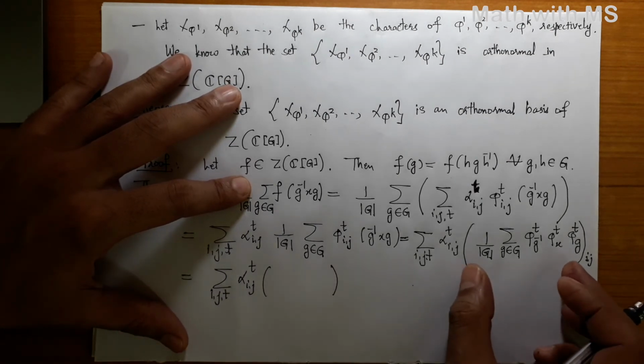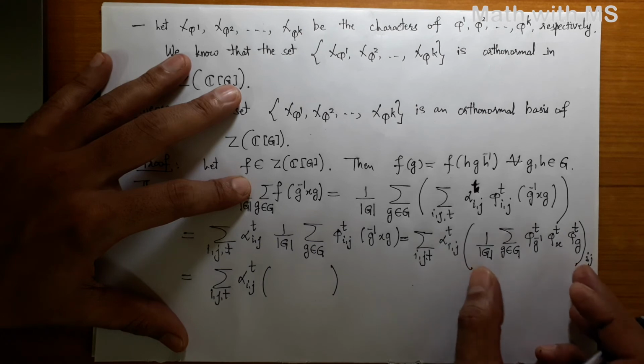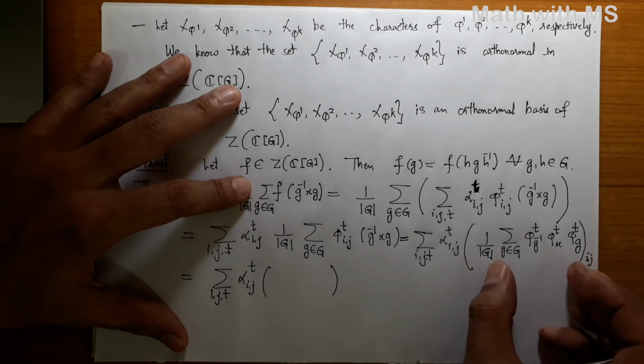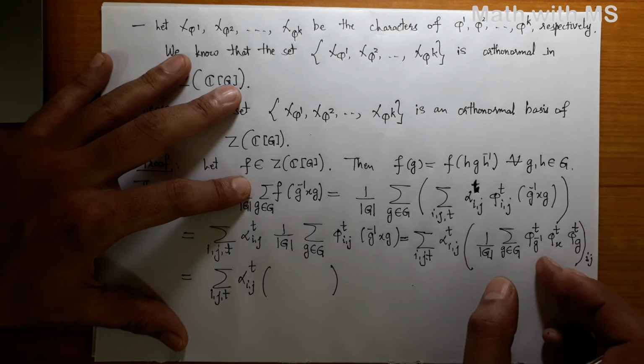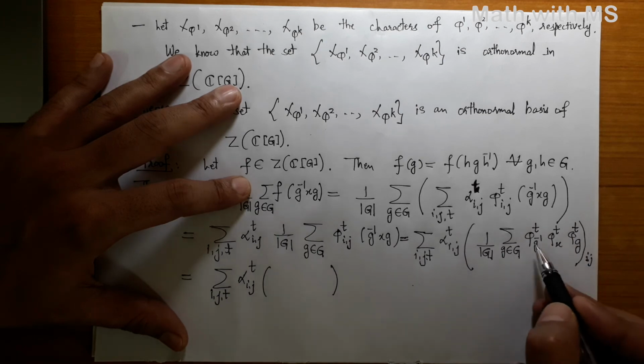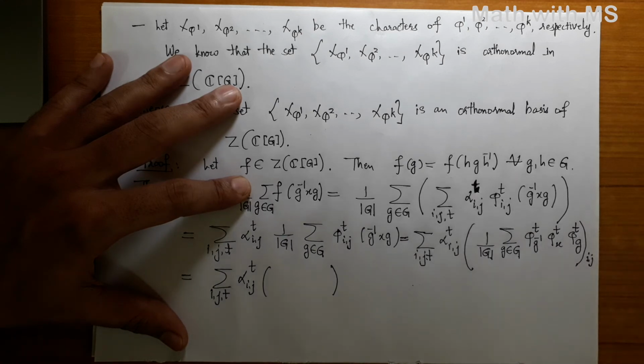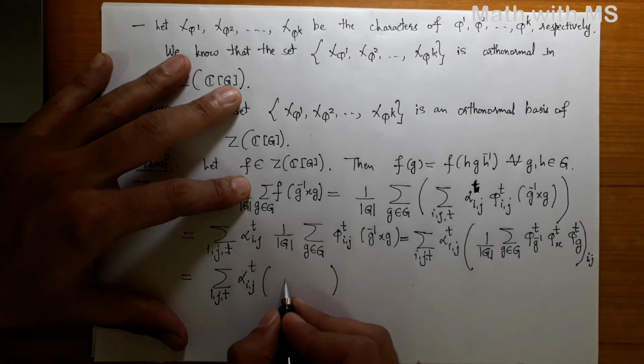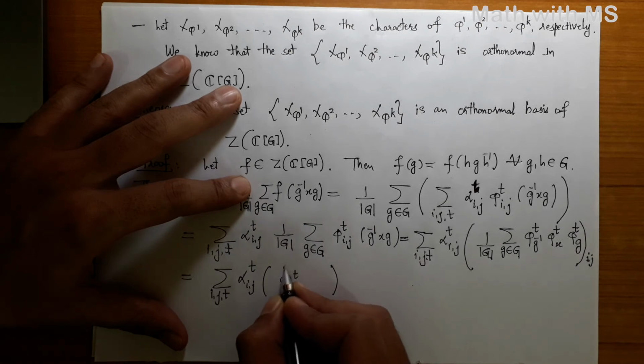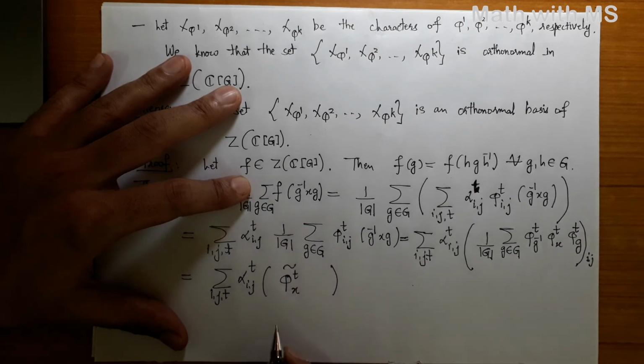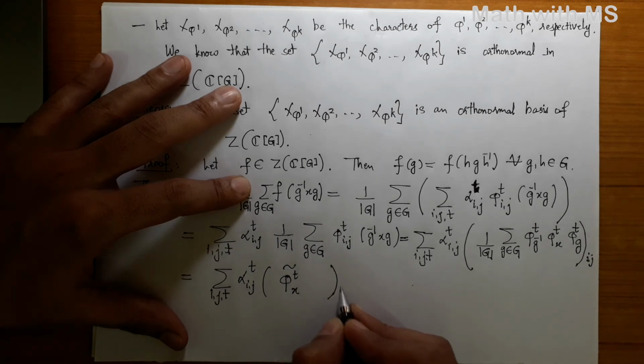You recall from lecture 5, slide number 5, that this sum is exactly the tilde operator, the projection P from the set of all morphisms from the representation space of phi_t with itself to the set of all morphisms from the representation of phi_t to itself, okay? So this in that notation is just the same as phi_t tilde acting on x, okay, and I am asking for the ijth entry of this.